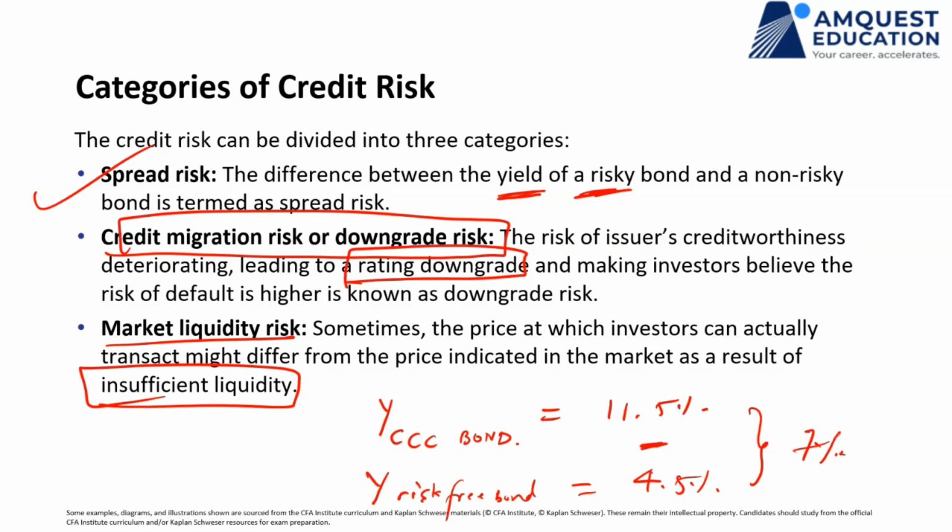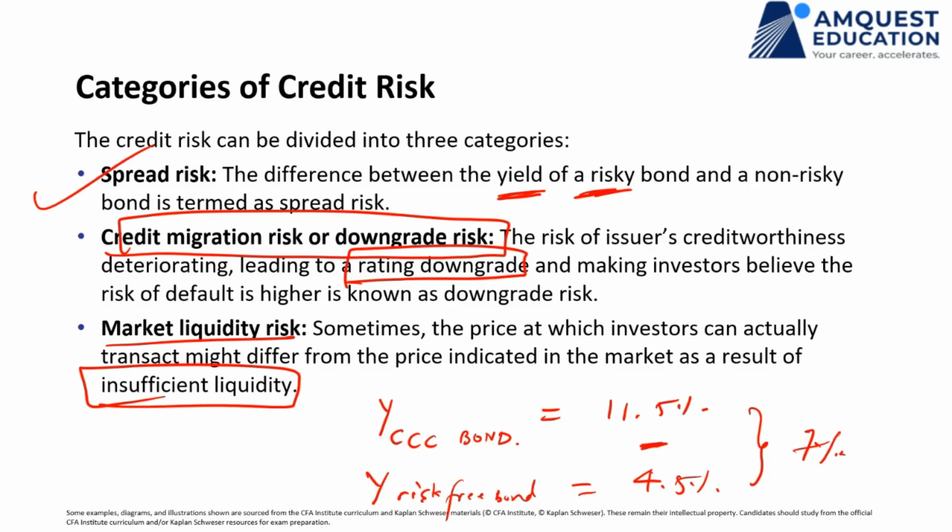So these three elements combiningly contribute to what is called credit risk, right? You will have to assess these elements before you can answer what is credit risk concept. Questions?